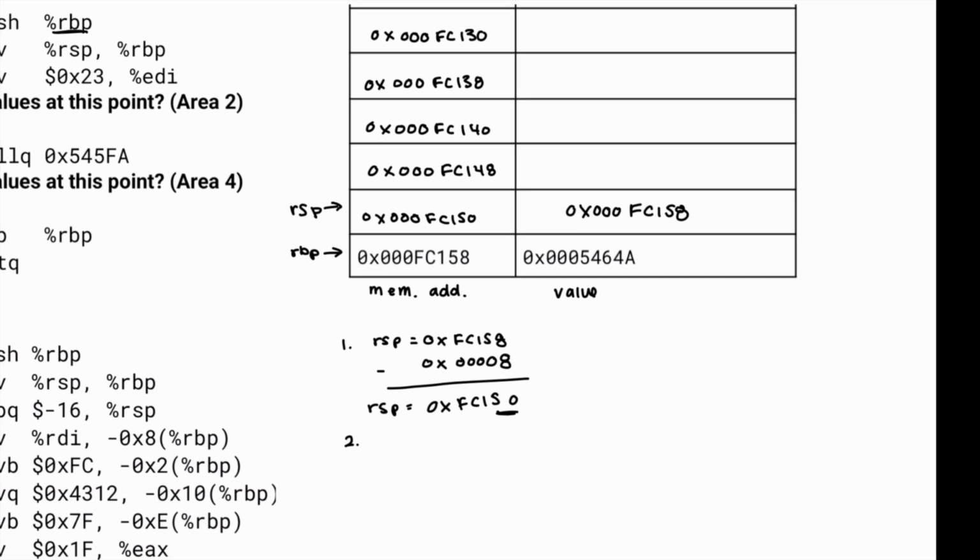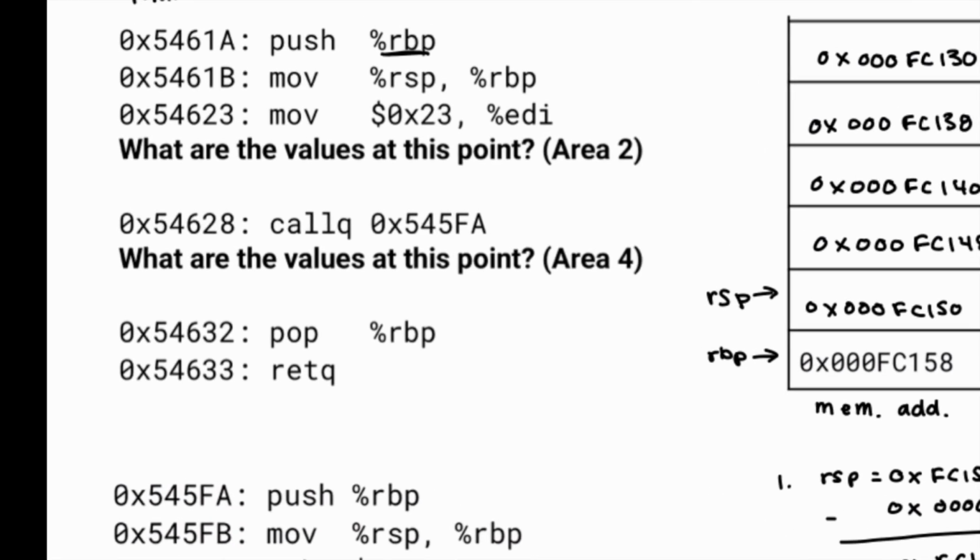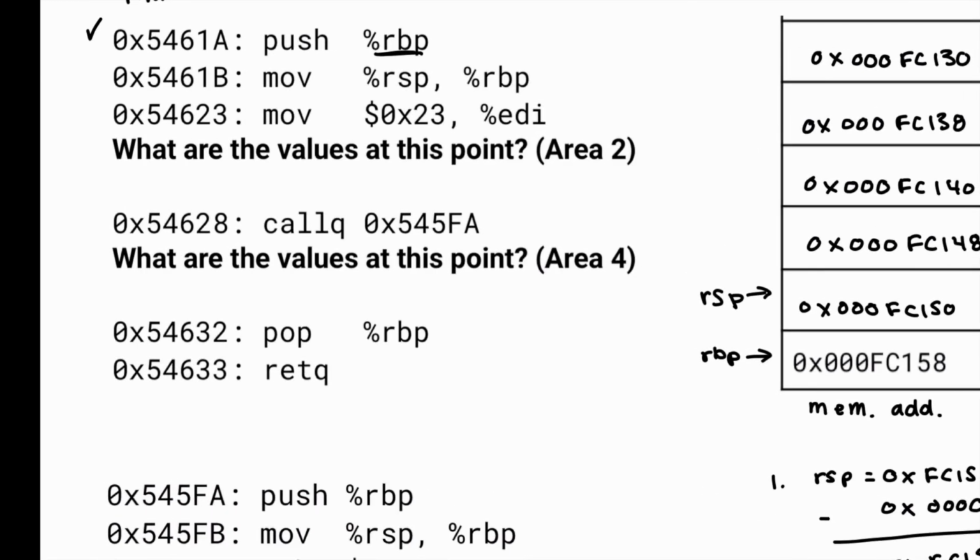This is important because our stack is going to grow and it's going to shrink. But at the end of the day, when we change our RSP value and as our base pointer goes up, we need a way to be able to return to our original base pointer. And that's how we do this, by storing it over here. Okay, we're done with our first instruction. Let's go into our second instruction.